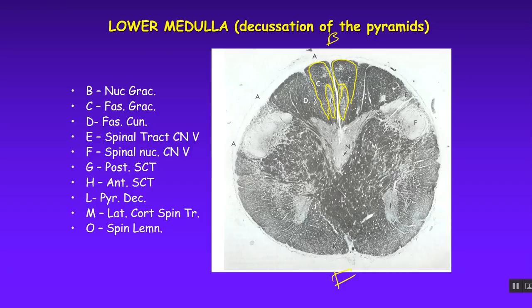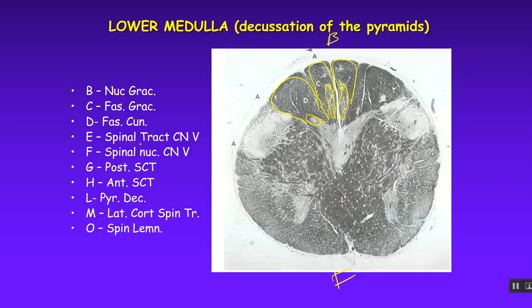D is our fasciculus cuneatus, okay? We're not really seeing much of the nucleus cuneatus here. We've got to get a little higher to see the nucleus cuneatus real well.